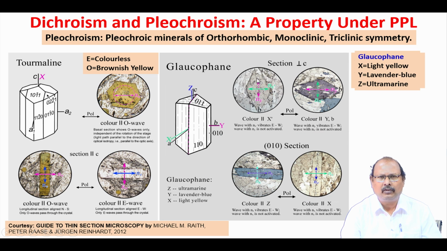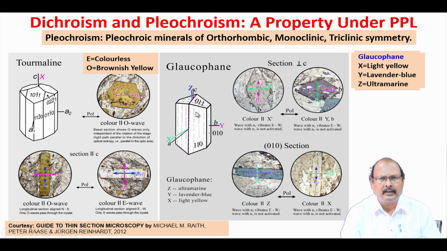Similarly, you can also find out the colors corresponding to another amphibole, the sodic amphibole glaucophane. In the basal section, where you have two vibrations, one parallel to x, you have light yellow, and if you rotate 90 degrees, so that you bring the y vibration direction parallel to the polarizer vibration direction, then the color of the mineral is lavender blue.